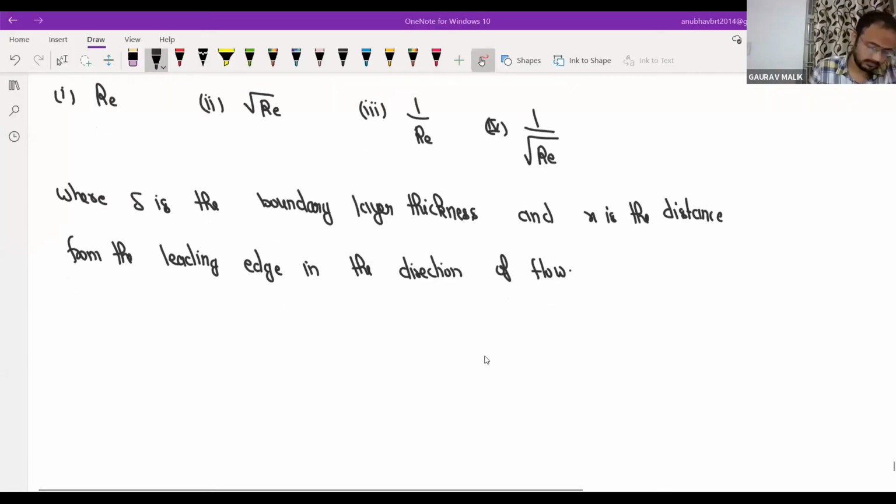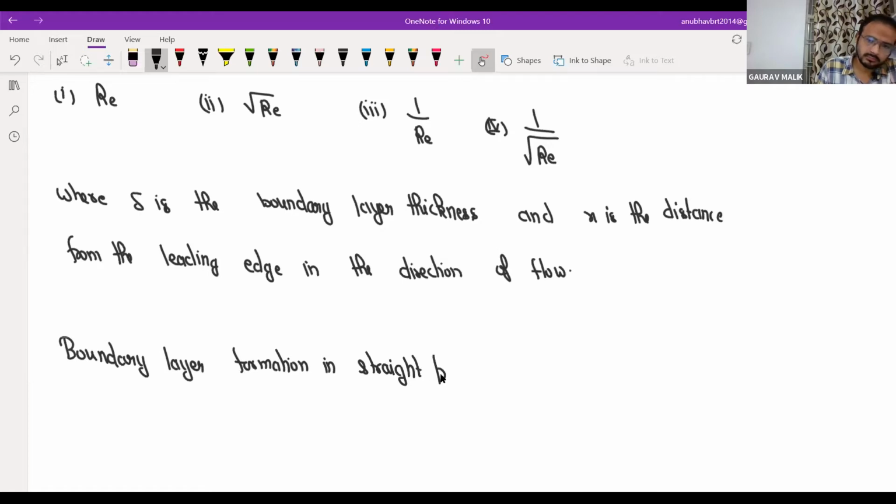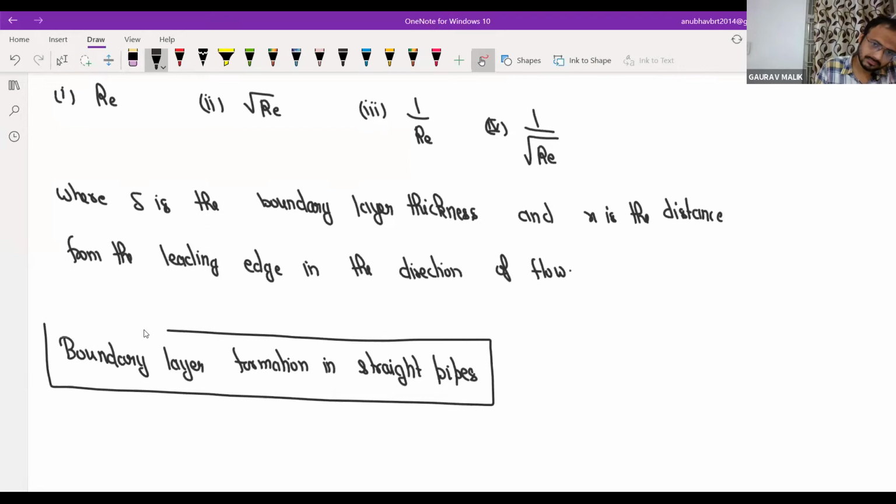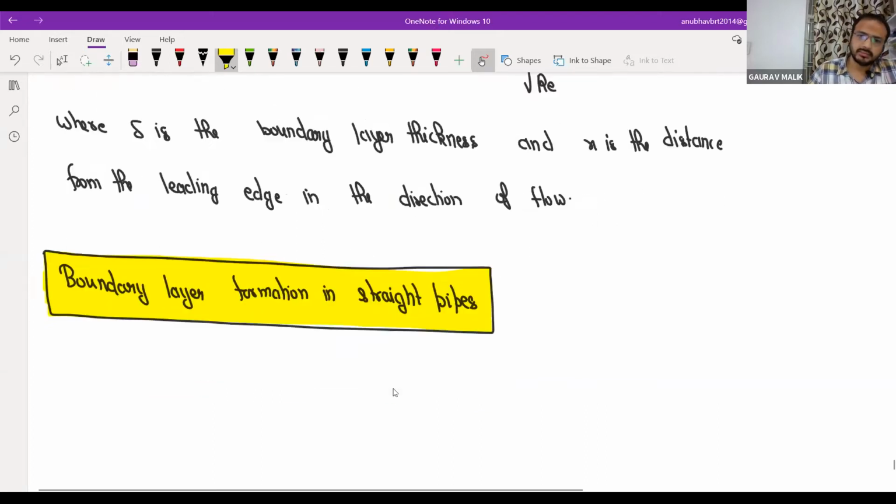Write down next. Boundary layer formation in straight pipes.